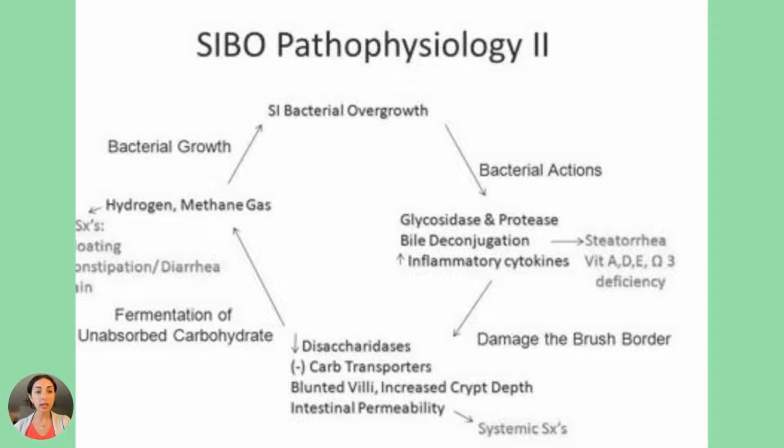Then, going back on the left here, we have hydrogen and methane gas depending on the case. We have different symptoms depending on that. And all that is due to that fermentation of unabsorbed carbs, then feeding that bacterial growth and that negative cycle.